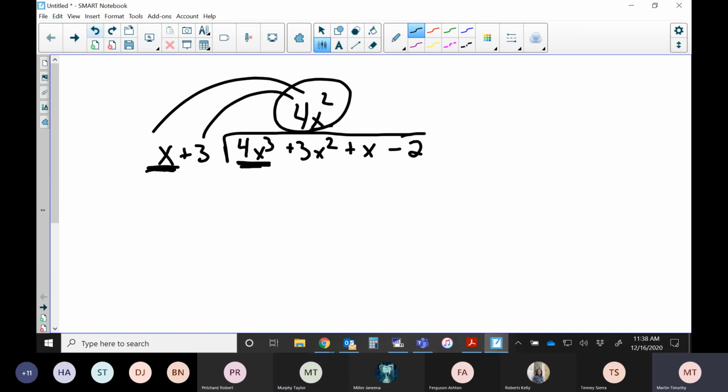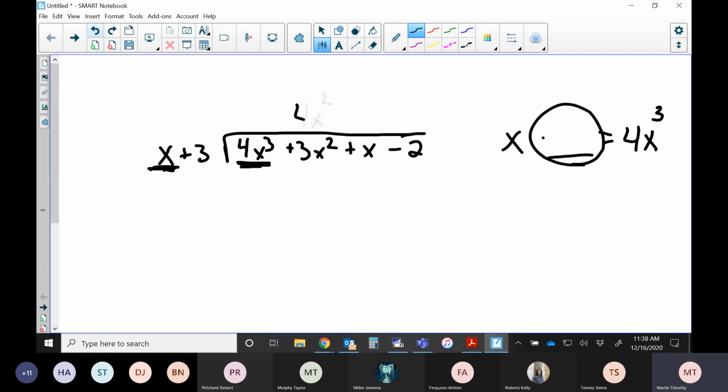So when I do that, 4x squared times x is 4x to the third. 4x squared times 3 is 12x squared.